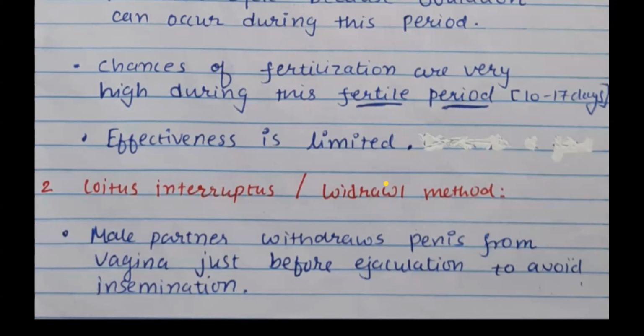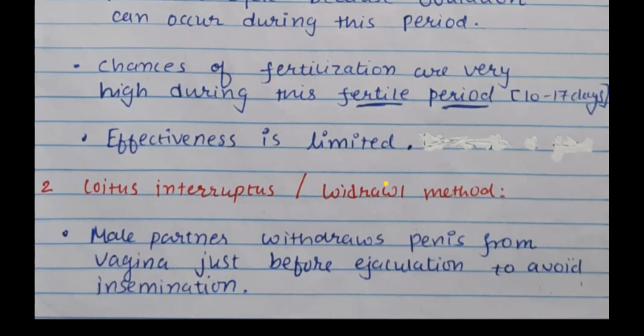To avoid insemination, meaning deposition of semen into the female genital tract, the male partner should withdraw his penis just before the semen comes out.